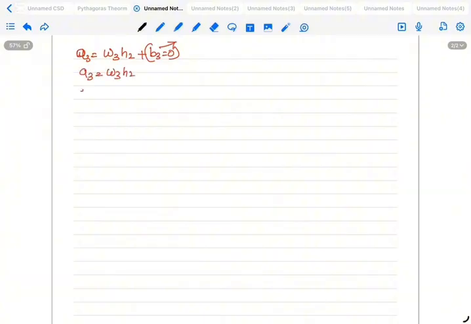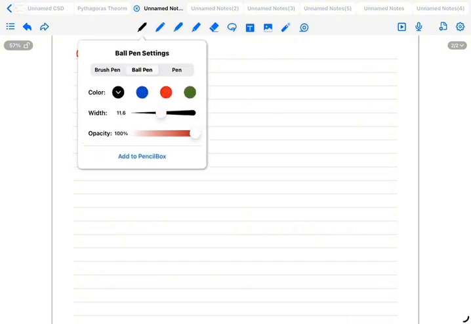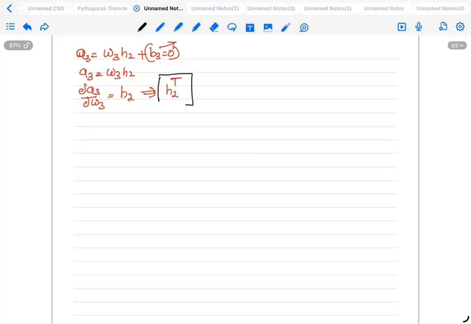We want ∂A3/∂W3. Differentiating with respect to W3, we get H2, but in this question we use H2 transpose. Why? Because of dimensions, to match the dimensions.